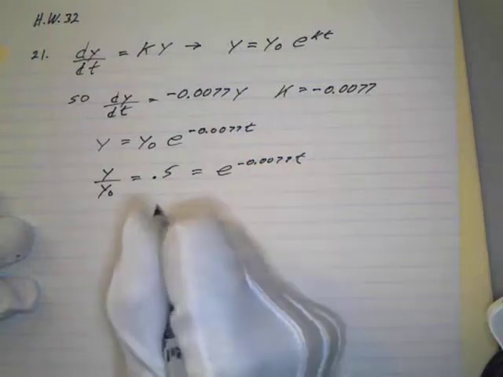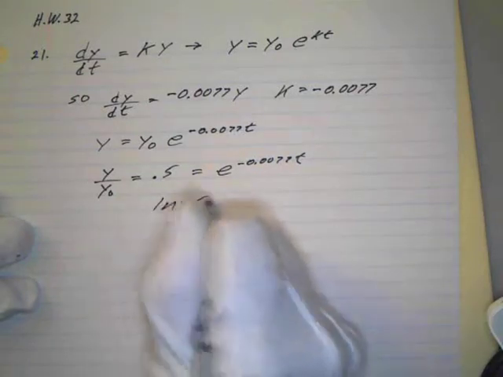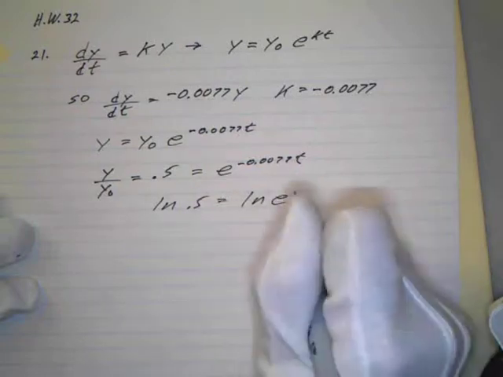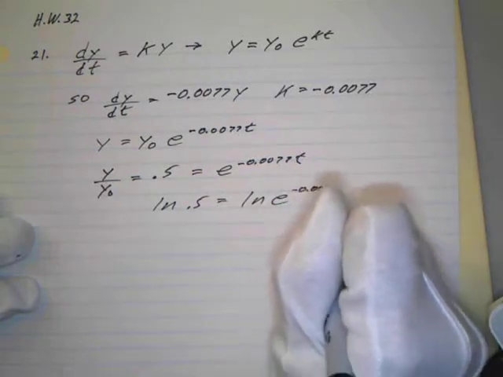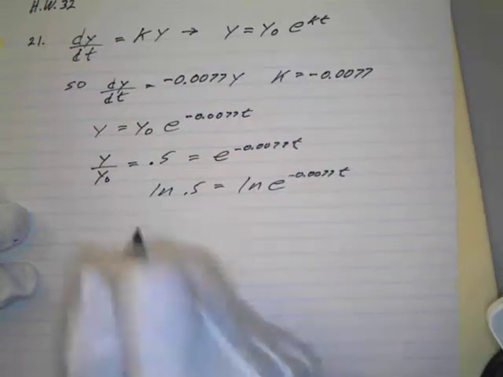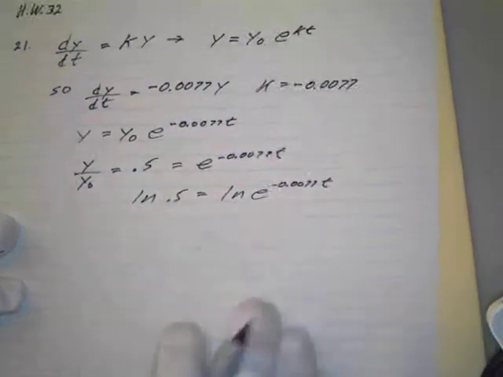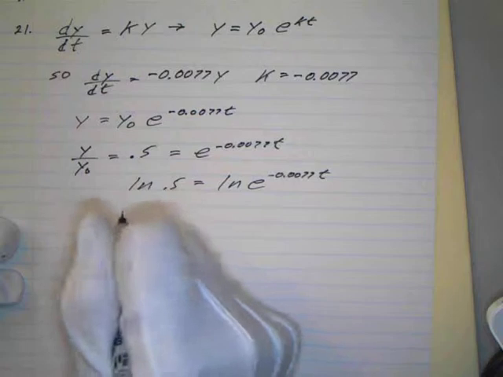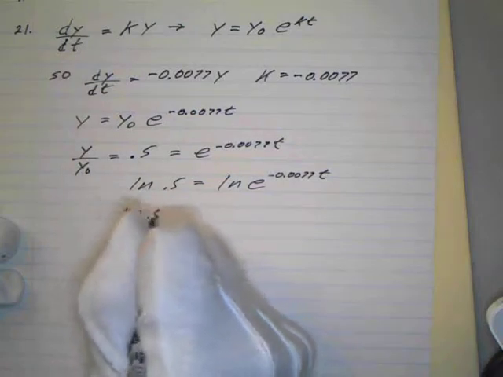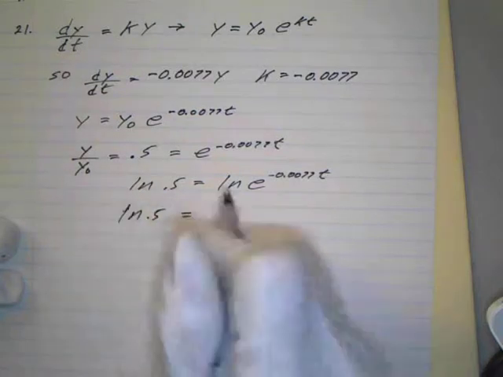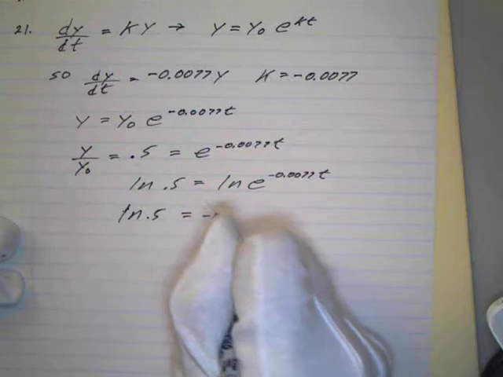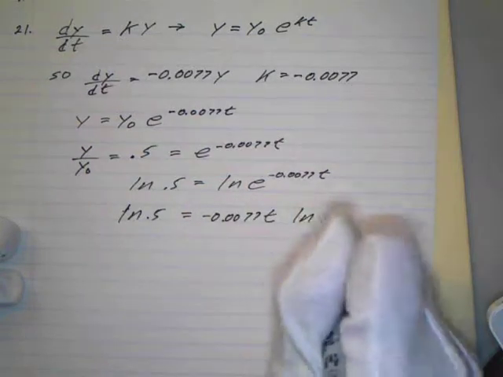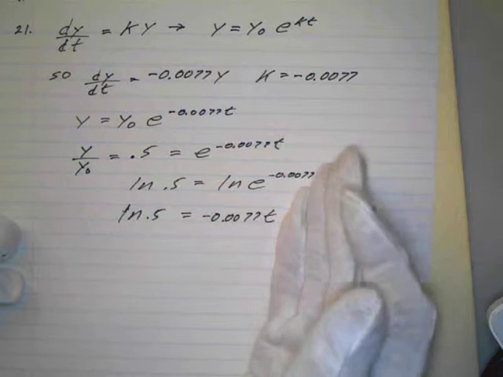All right, so I can take the natural log of both sides. Natural log of 0.5 equals the natural log of e to the negative 0.0077t. Then I'll bring that in front, like we've been doing. So the natural log of 0.5 equals negative 0.0077t times the natural log of e, but the natural log of e is just 1, so this is what I have.